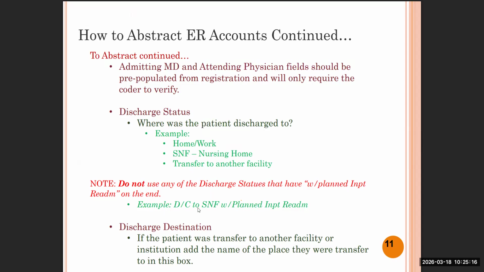Example, discharge to the SNF with planned inpatient readmission, right? So these kinds of examples are there. Discharge designation, if the patient was transferred to another facility or institution, add the name of the place they were transferred to in the box.